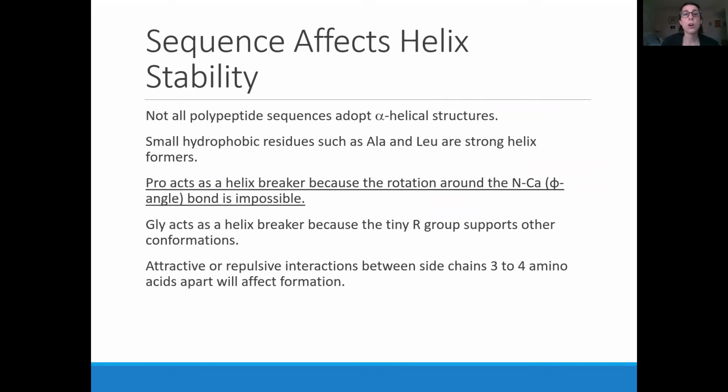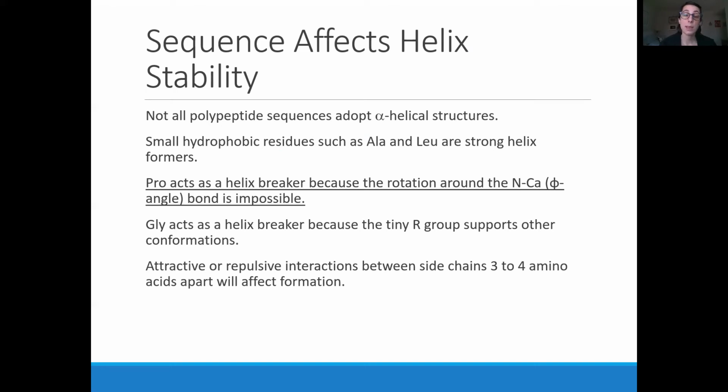So not all polypeptides are going to have an alpha helix structure in them. And the sequence of the polypeptides, which actual amino acids are in there, will affect if something will have an alpha helix or not. So some small hydrophobic amino acids like alanine and leucine actually are strong helix formers.